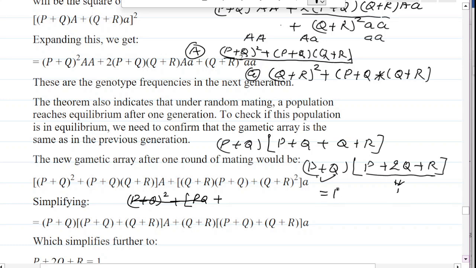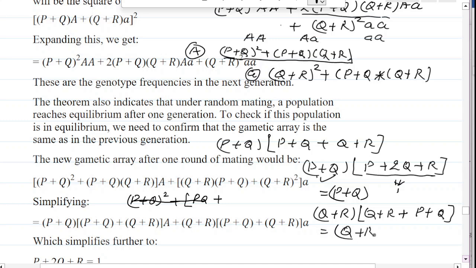So I will ultimately get P plus Q. Similarly for allele A, this is Q plus R; I take it common and I will get Q plus R plus P plus Q, and it is Q plus R, and inside the bracket we have P plus 2Q plus R, and this is again 1.